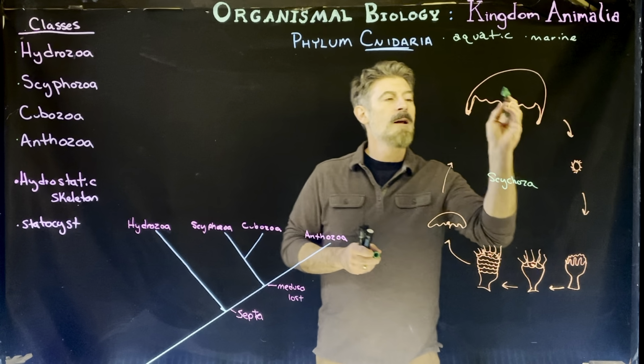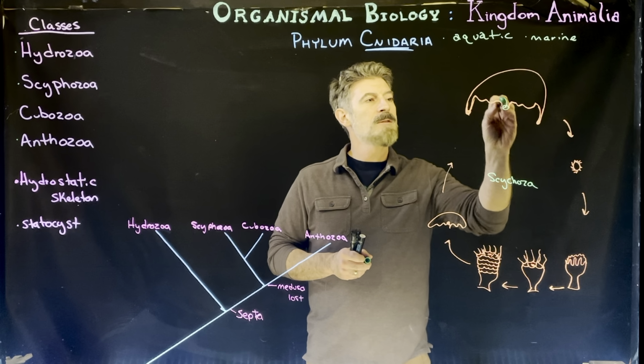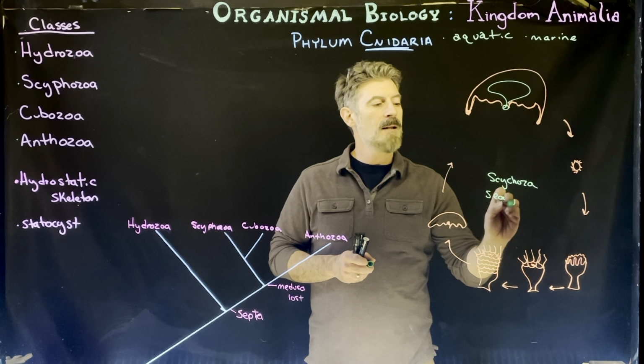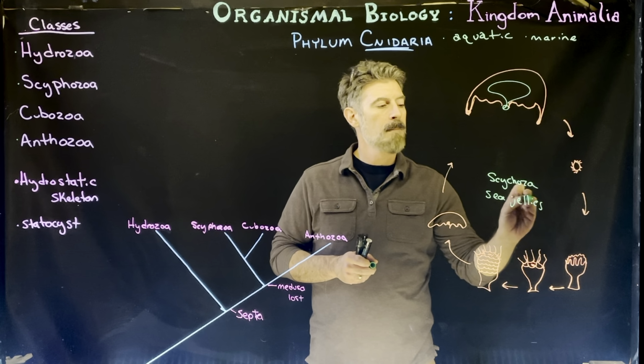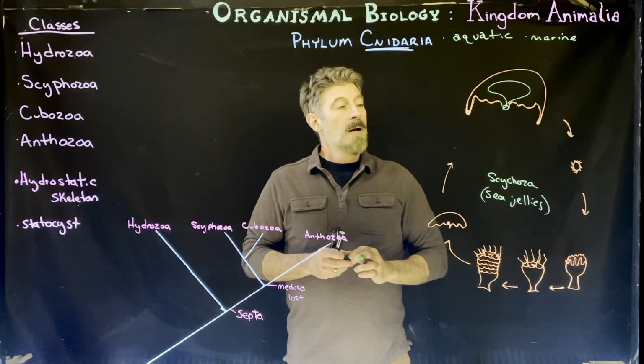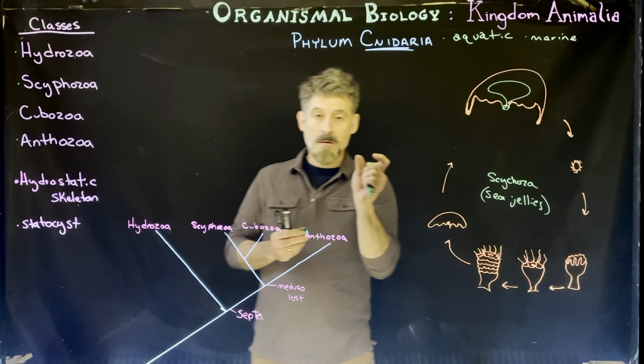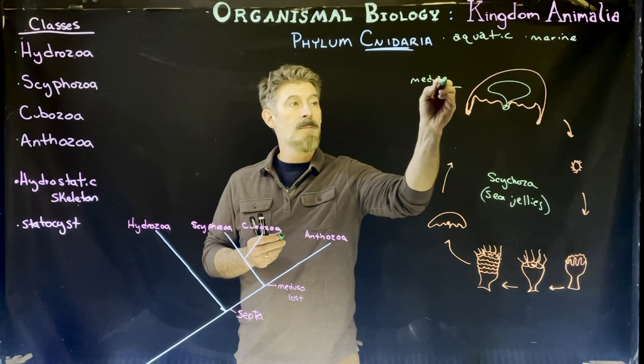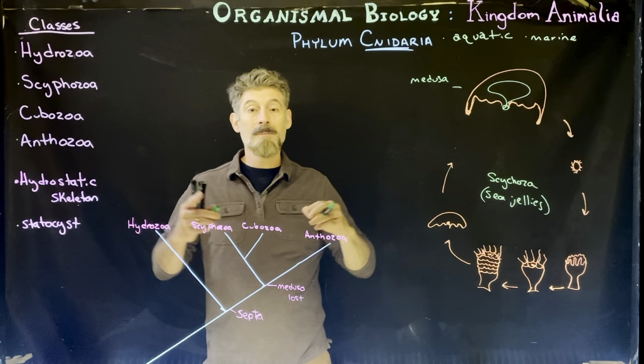So we have the medusa form of the Scyphozoans, and this is the group we usually refer to as the sea jellies. They can be fairly small organisms. This is the medusa form, right? And the medusa can be tiny, or the medusa can be very large.